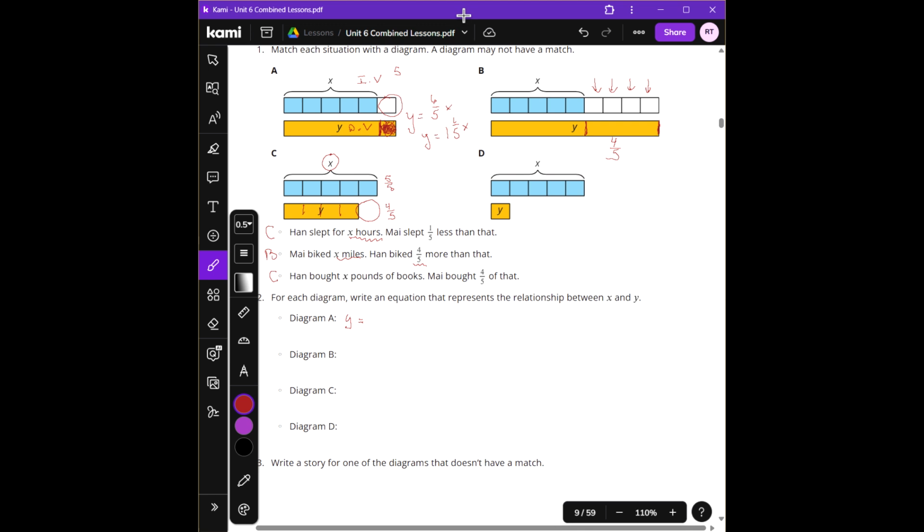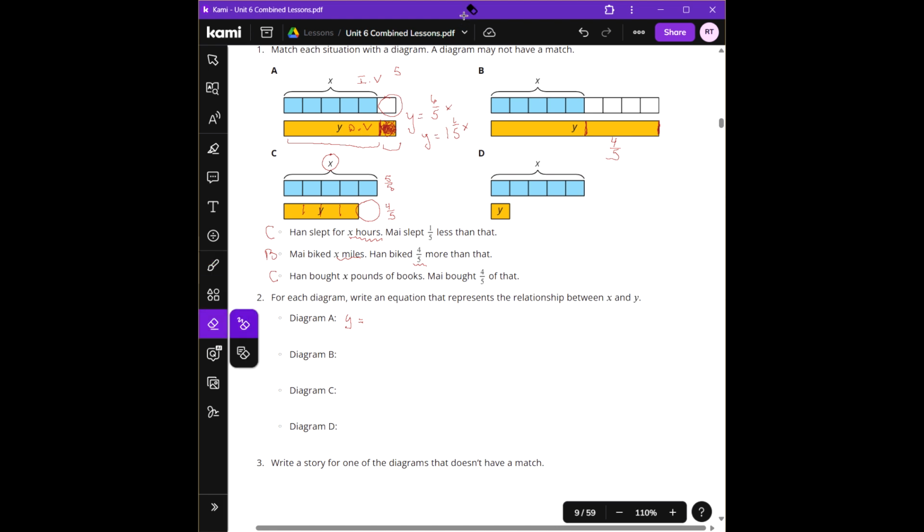So here's my 1, and then this part right here is 1/5. For B, I'm going to go ahead and erase this. You don't have to, but I just want to show you how we're getting our numbers. So here I'm going to have 1, 2, 3, 4, 5.